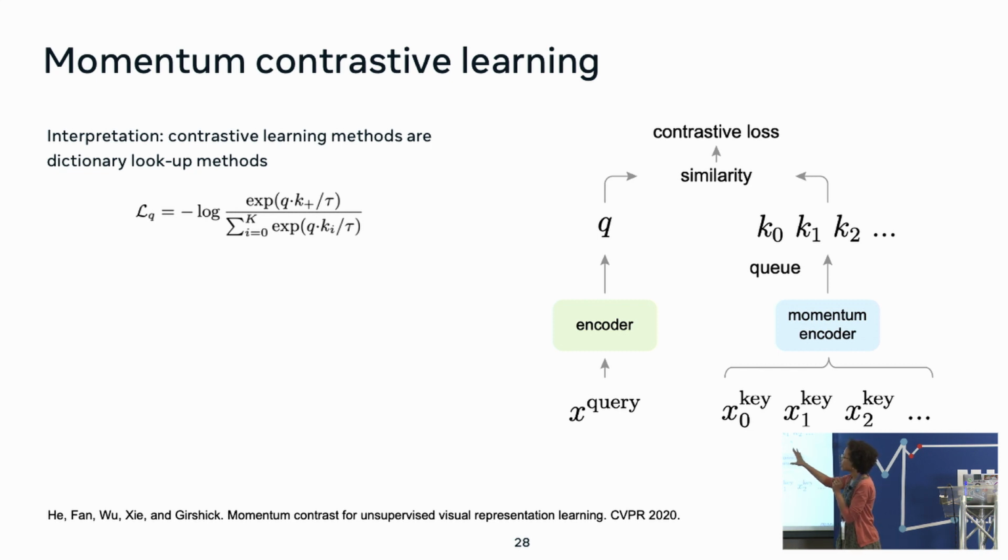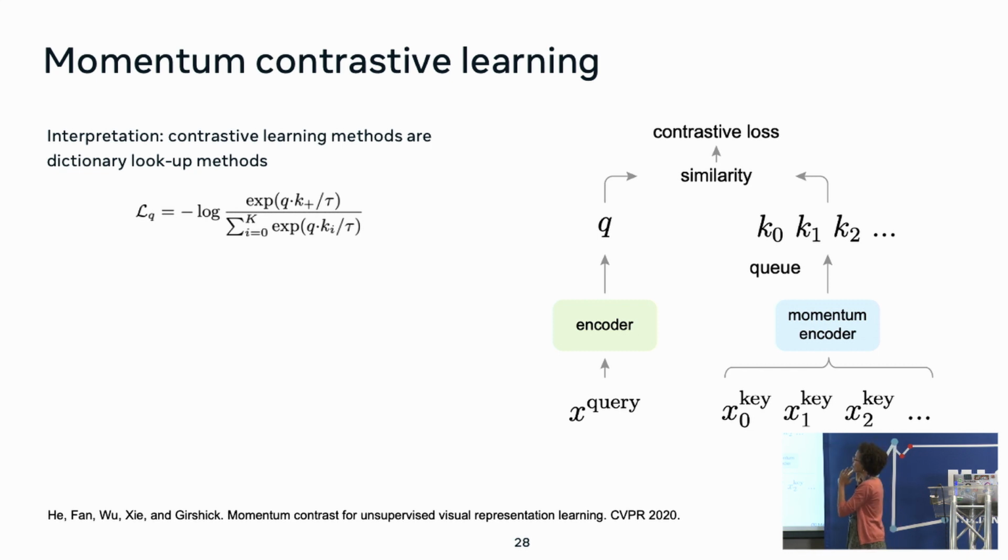If you think of Q and K plus as your two different views, they should be similar. And all the negative examples, all the things that should not be similar, go in the denominator there, okay? That's how you can translate the typical notion of contrastive learning, where you have a positive pair and a bunch of negative pairs, into a dictionary lookup, where you have one key that should match and a bunch of keys that should not match, okay?